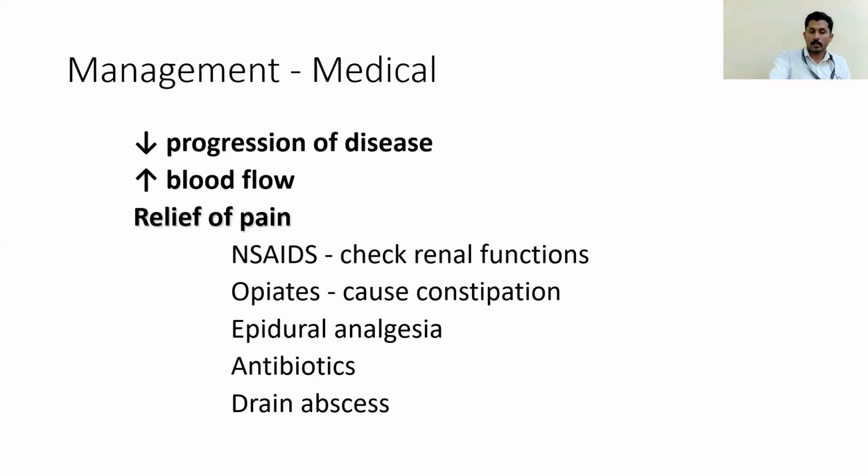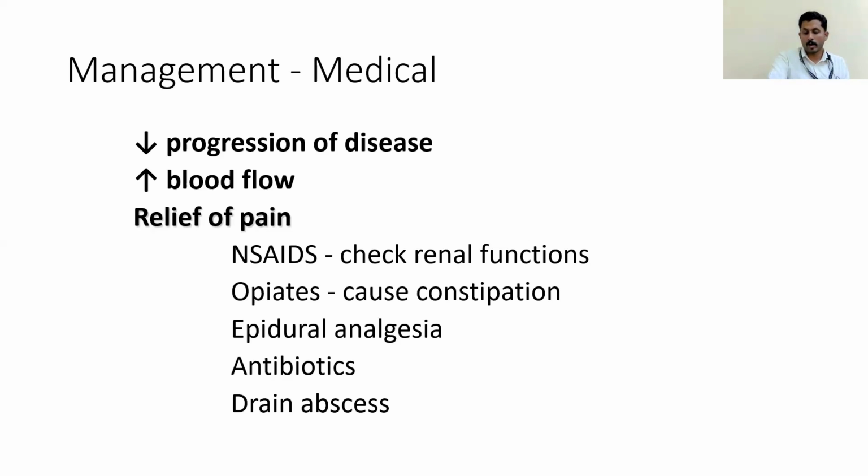Then patients will have severe pain, one secondary to the infection or tissue loss, and the second secondary to the decreased blood supply. So we can give analgesics in the form of paracetamol and NSAIDs. Always we should check the renal status before starting NSAIDs, especially if there is diabetes, as those patients are highly prone to kidney injuries.